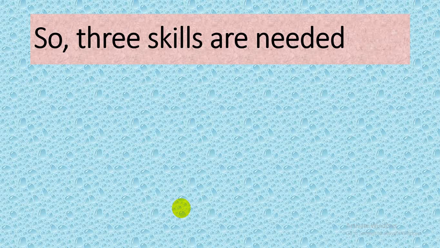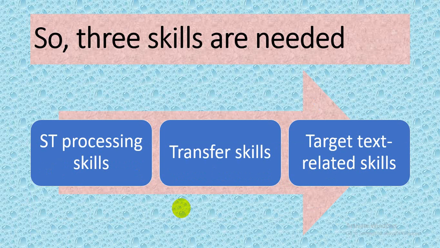So there are 3 skills needed to improve your linguistic competence. Number 1, you need to have some skills related to source text processing skills. You need to identify the component, you need to identify the problems, and to think of strategies of handling these problems.